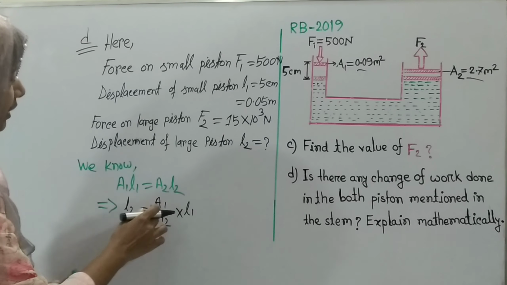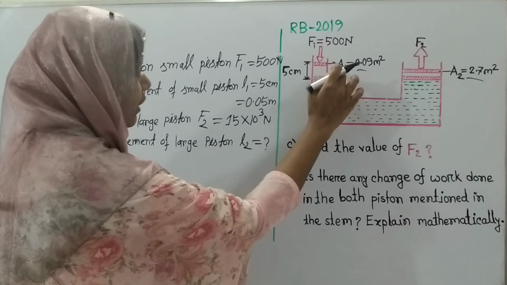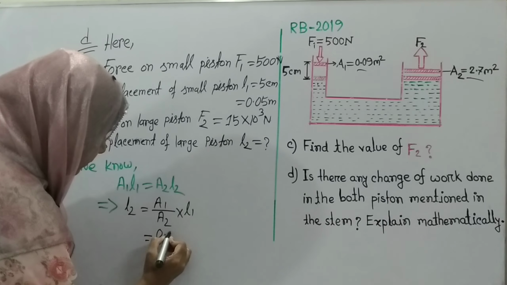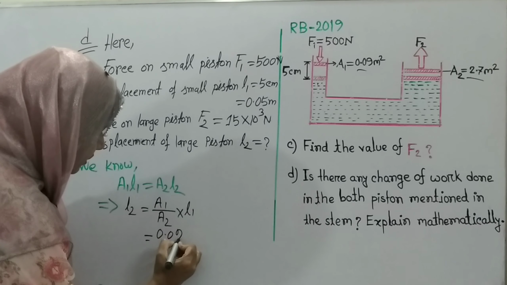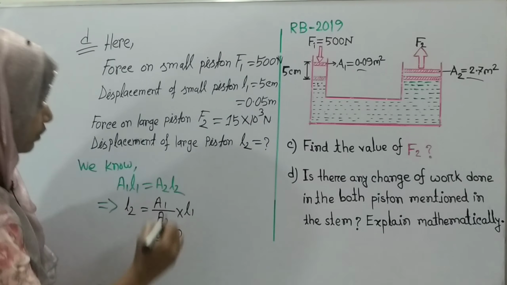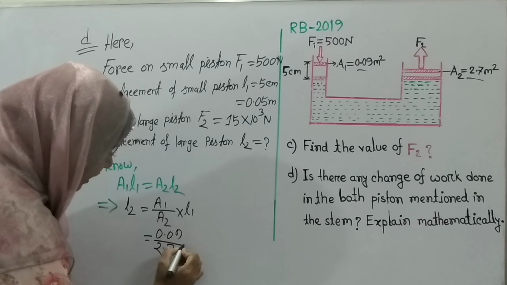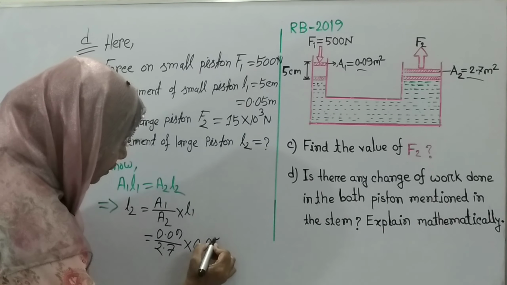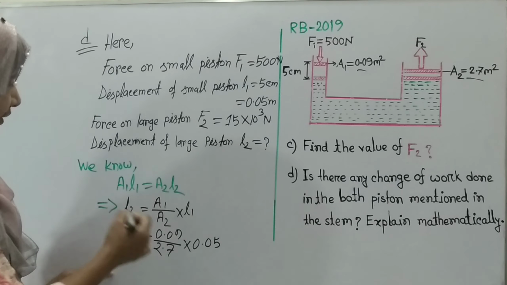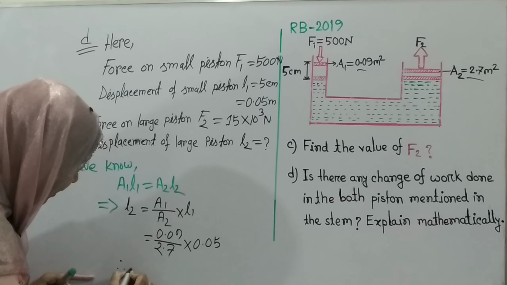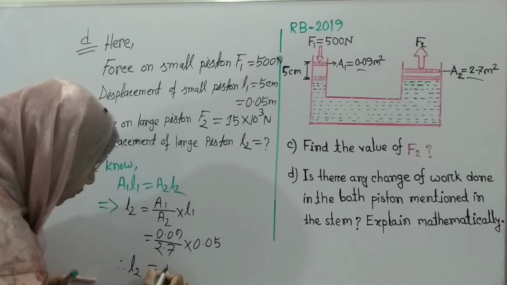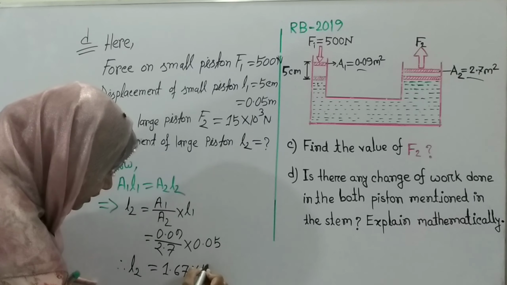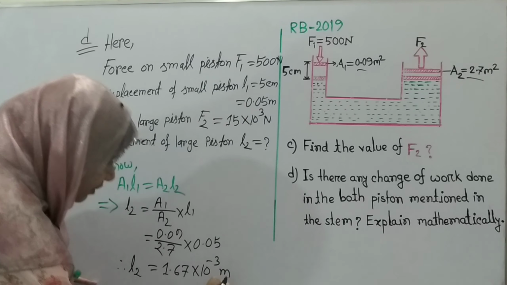Here you can see the value of A1 is 0.09, the value of A2 is 2.7 and the value of L1 is 0.05. After calculating it, you will get the value of L2 is 1.67 into 10 to the power minus 3 meter.